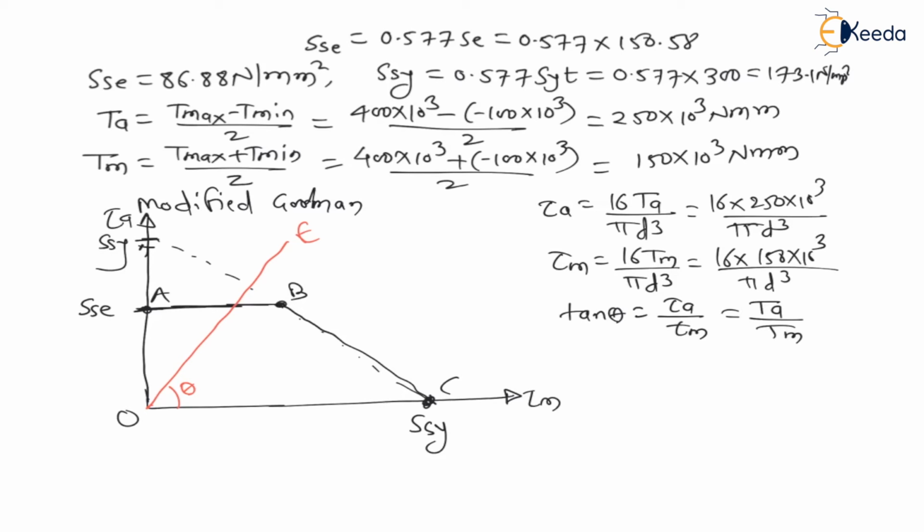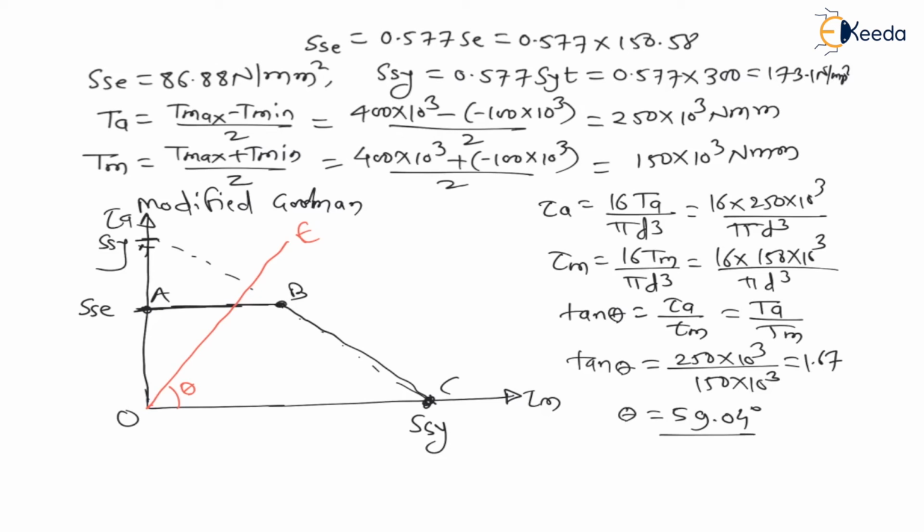Therefore find this theta. Therefore tan theta is equal to amplitude torque 250 into 10 to the power 3 divided by mean torque 150 into 10 to the power 3, right? Therefore if you solve, tan theta will be 1.67, and if you find theta it will be 59.04 degree.